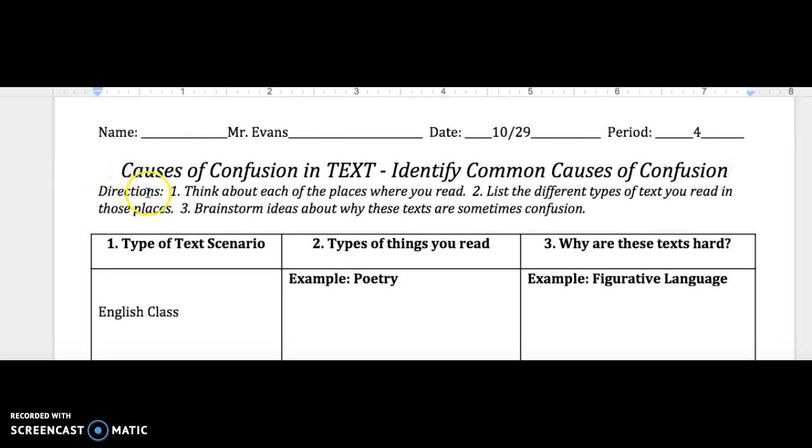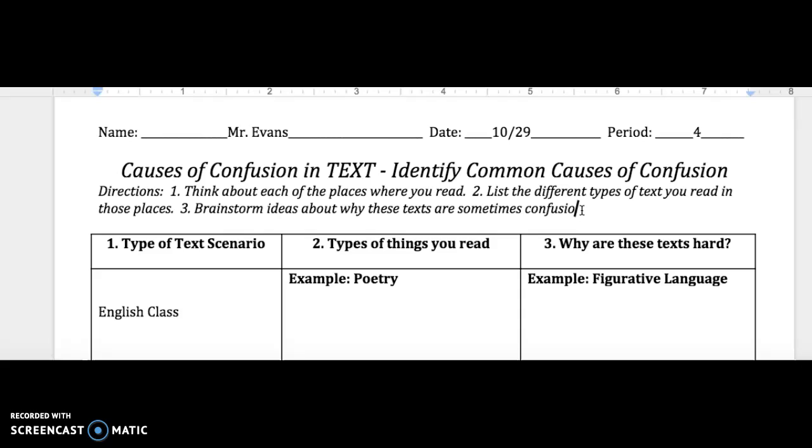So the directions are, first thing, think about each of the places where you read. So each of the classes, like in English class, what kinds of things do you read? List the different types of text that you read in those places, and then brainstorm ideas about why these texts are sometimes confusing.